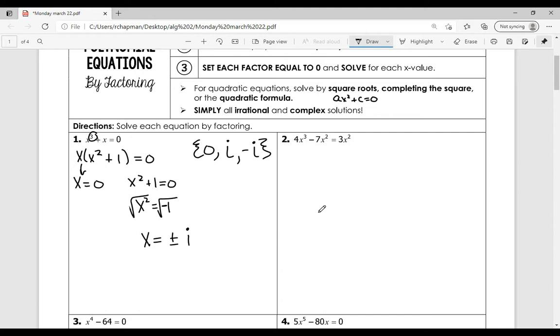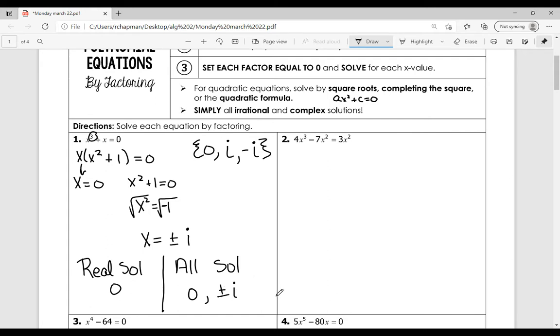Now, I caution you here because there are going to be 2 types of directions. It's going to say real solutions, which in this case would just be 0. That's the only real number in our set, correct? And then it will say all solutions. And that would be the 0 and the plus or minus i.